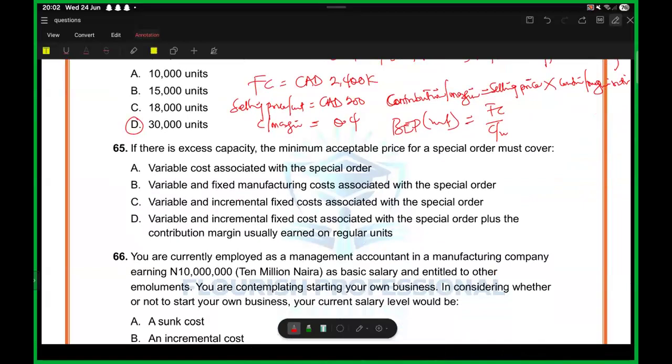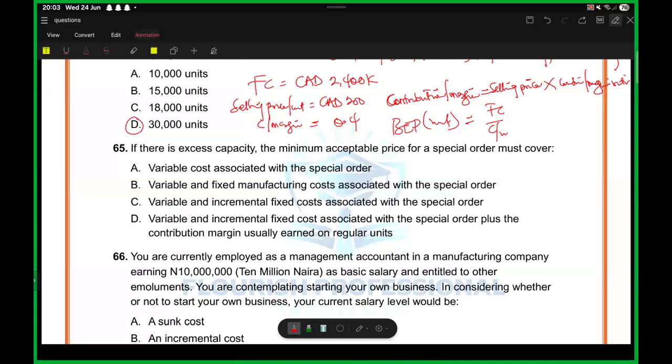Okay, all right, so let's read question 65. If there is excess capacity, the minimum acceptable price for a special order must cover: A. Variable costs associated with the special order.